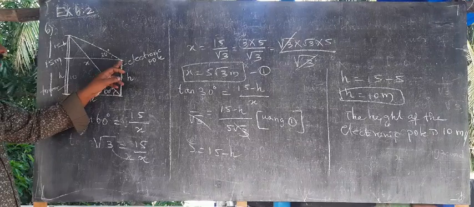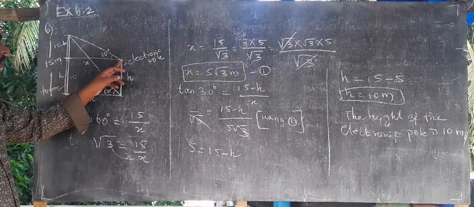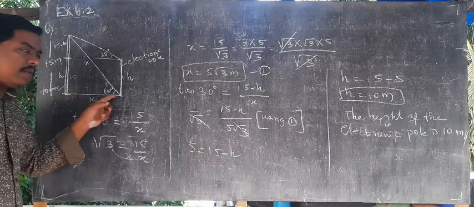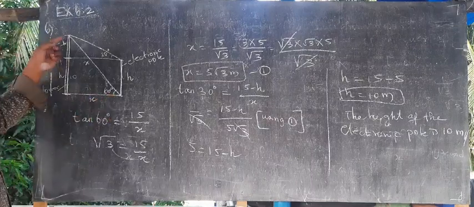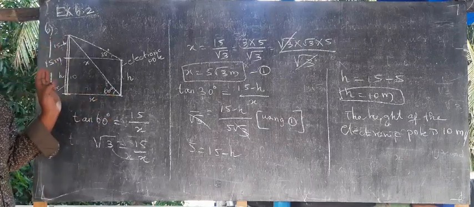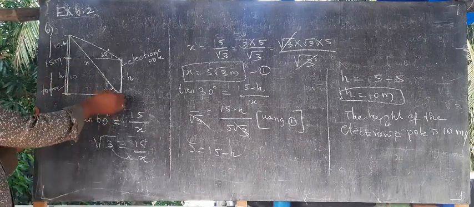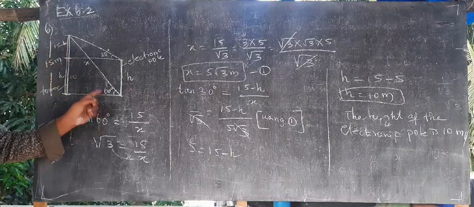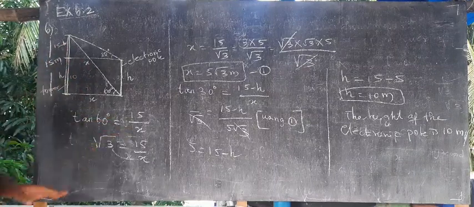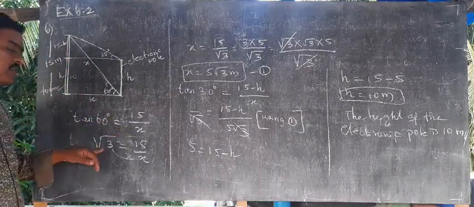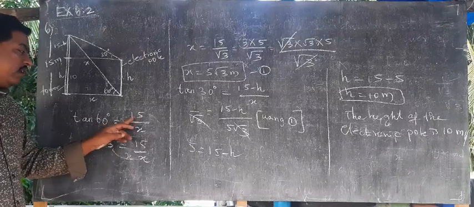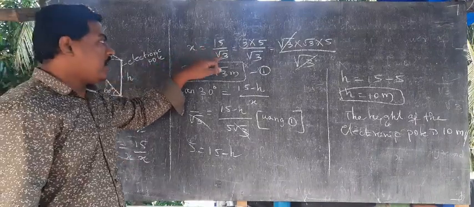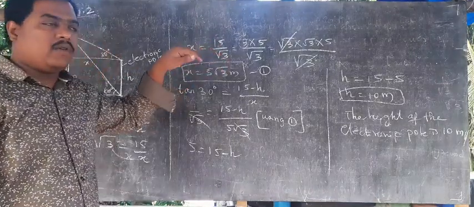So listen, again I am saying the given question: one tower, one electronic pole. From the top you are seeing the tower at 30 degrees. From the bottom of the electronic pole, you are seeing the top of the tower at 60 degrees. For all the sums, we need to use both angles. So I take tan 60, which is opposite by adjacent, that is 15 by x. Tan 60 is root 3, so root 3 equals 15 by x. Cross multiply, x equals 15 by root 3, and in the denominator we have root 3.